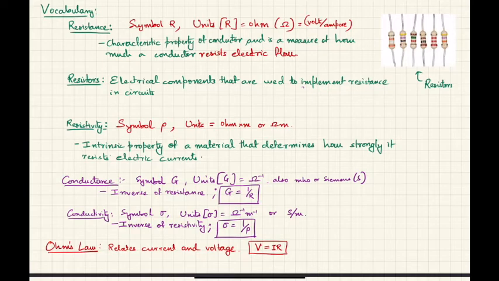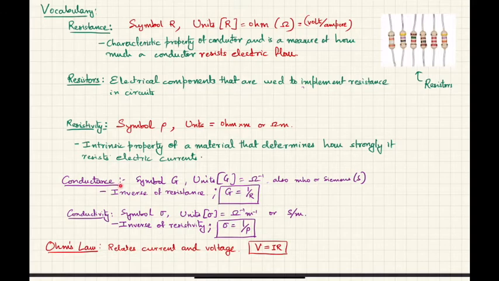Alternate definitions: very often, especially in biology, we don't use resistance and resistivity as measures of electrical conductivity. We use the words conductance and conductivity. They're alternates, so they're all related to each other.